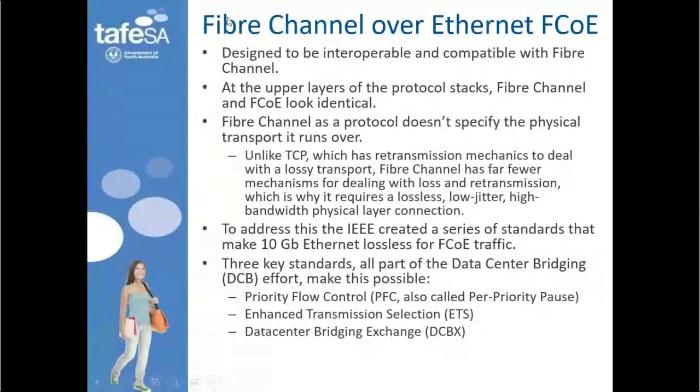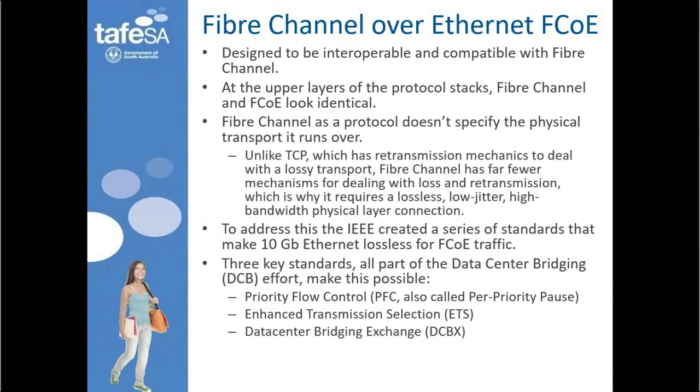It's actually encapsulating Fiber Channel communication over Ethernet. It's designed to be interoperable and compatible with Fiber Channel, the upper layers of the protocol stack. Fiber Channel and Fiber Channel over Ethernet look exactly the same if you like to think of it. It's whatever you use for Fiber Channel, but encapsulated in Ethernet. You understand encapsulation, right? Yeah, all good. Don't need to go through that then, okay?